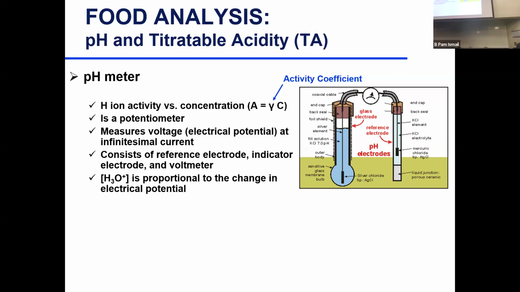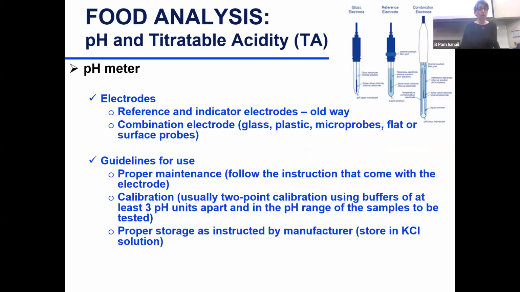The reference is the constant voltage, but then the sample will cause a change in that voltage. So the change between the reference and the sample is converted to hydronium ion concentration, then converted to pH, and the pH meter gives you all of that information.